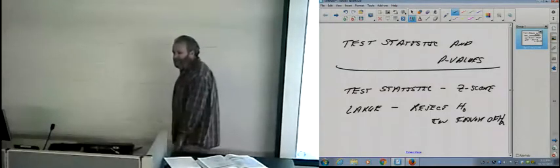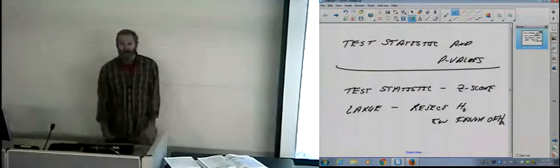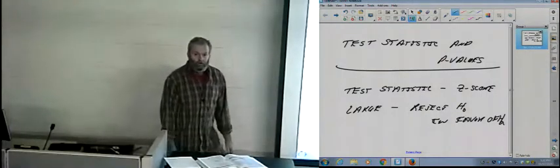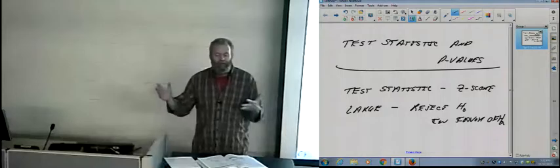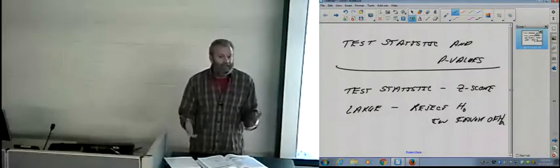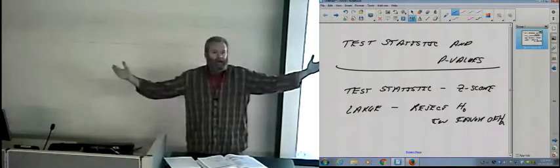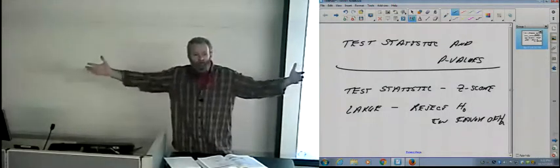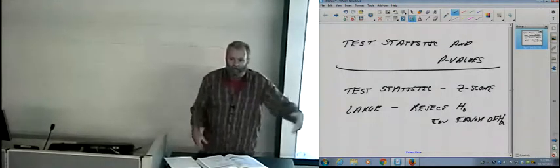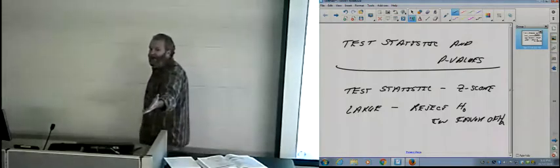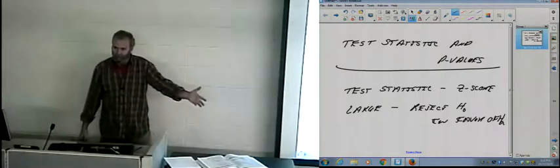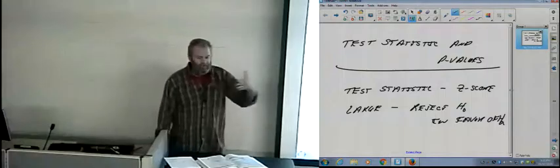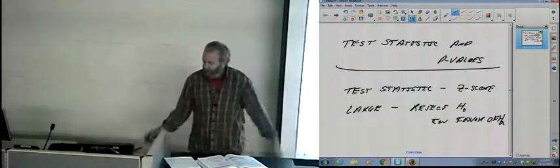So when you start seeing z-scores like 2.92, 3.42, these are gigantic. And when I'm talking about a large test statistic, a large z-score, I don't care plus or minus. Plus or minus just tells me which way you're going. Plus means you're going to the right, minus means you're going to the left. A minus 3.25, that's a gigantic z-score to me. The negative just means I'm going to the left.